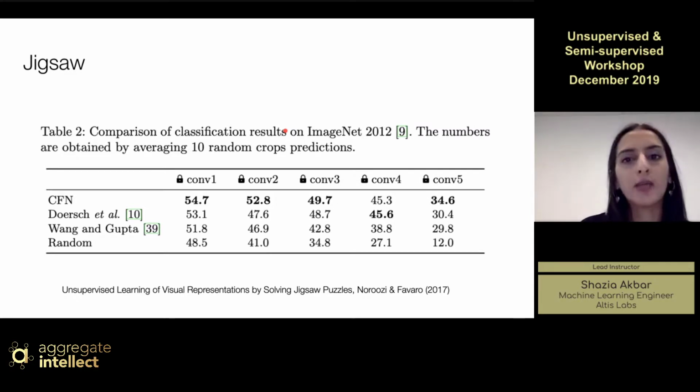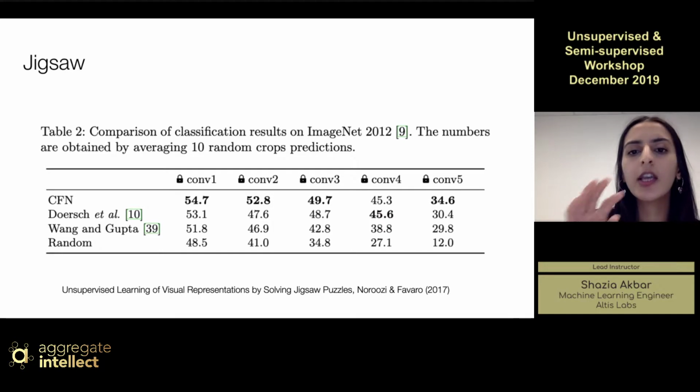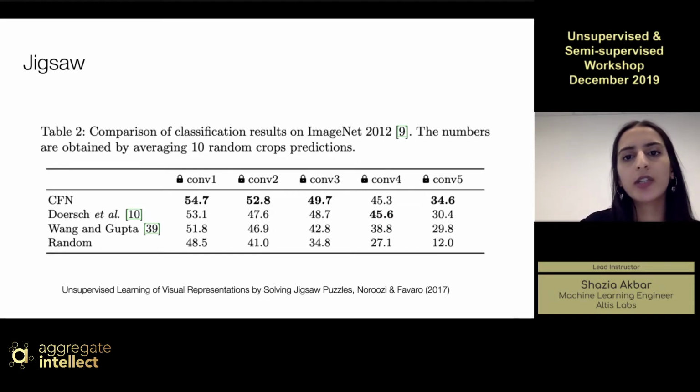This may be because they were using the ImageNet dataset, which is very dependent on positioning and realizing when the sky is above certain objects, on the roads and the scenes. So it may be reflective of this particular data set. If you have rotation invariance within your data set, you may choose not to use Jigsaw at all because it doesn't make any sense whatsoever. So please use this only when it's appropriate for your data set.